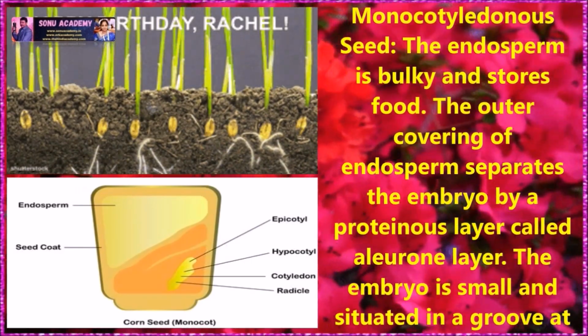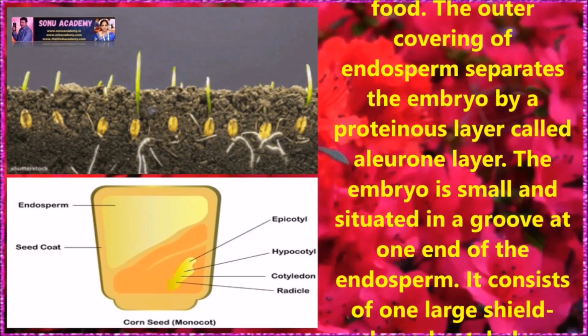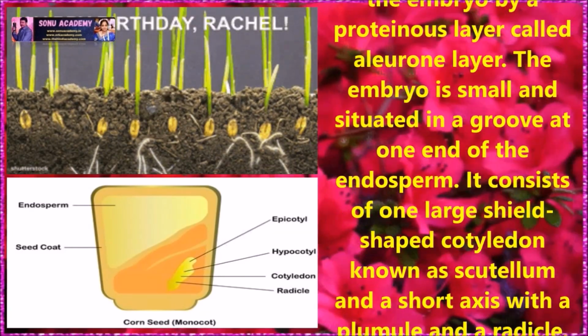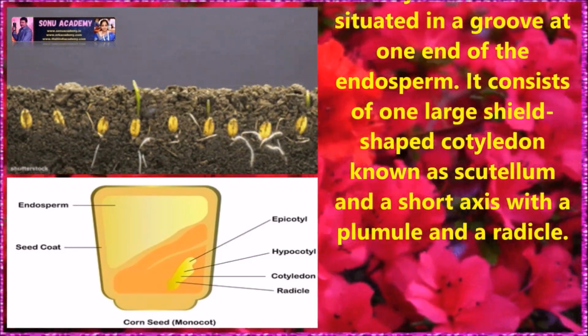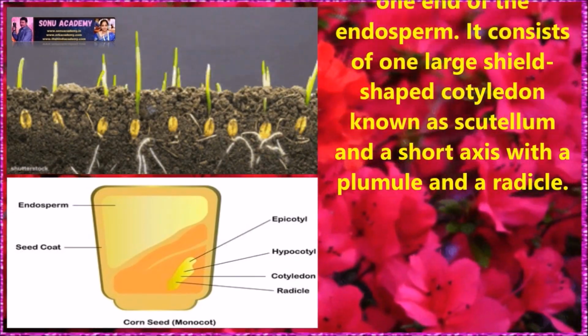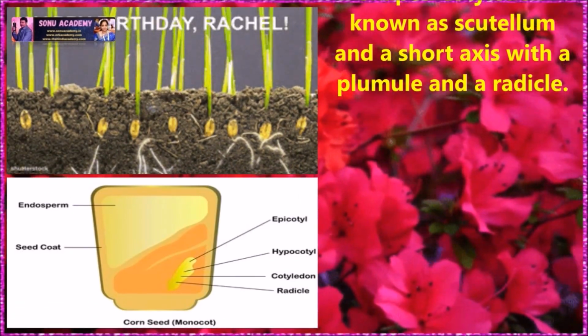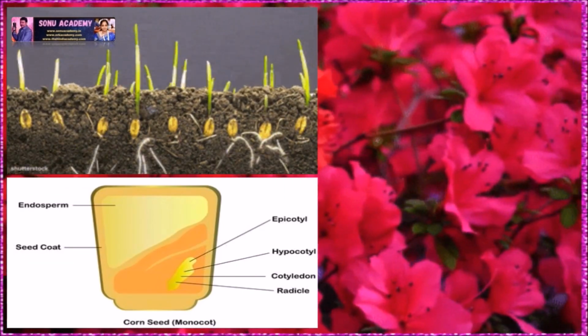The outer covering of the endosperm separates the embryo by a proteinous layer called the aleurone layer. The embryo is small and situated in a groove at one end of the endosperm. It consists of one large shield-shaped cotyledon known as scutellum and a short axis with a plumule and a radicle.